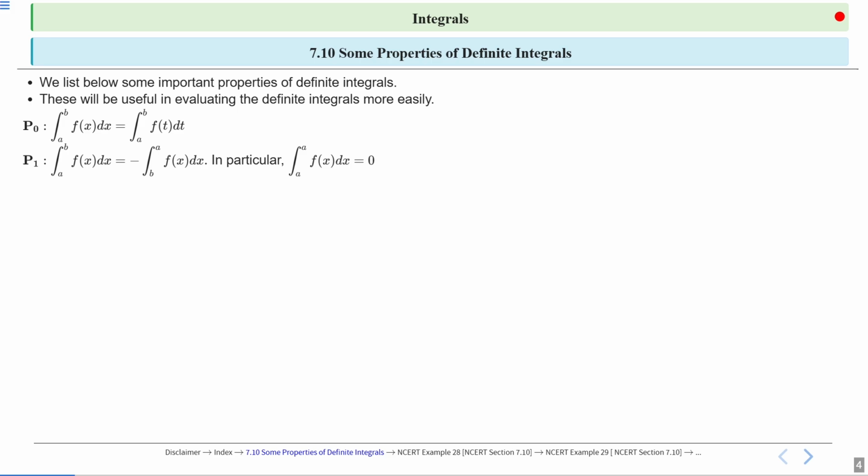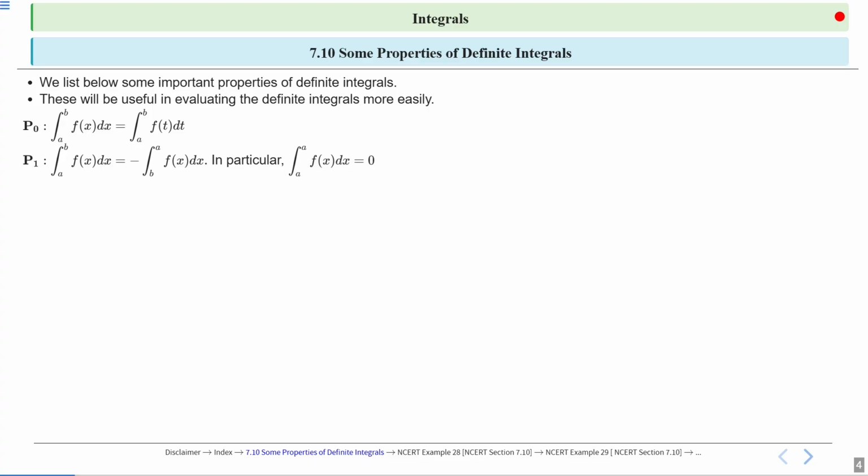Property number 1, that is P1. P1 is: the definite integral from a to b f(x) dx is equal to minus the definite integral from lower limit b to a f(x) dx. What does this property represent? It says that we can change the upper limit and lower limit by just putting the negative sign.